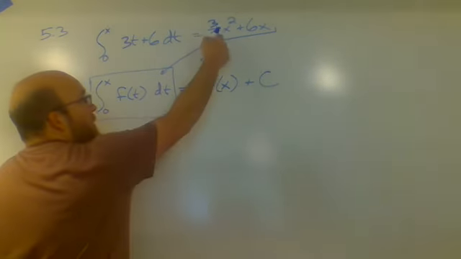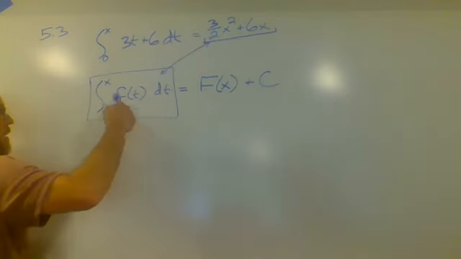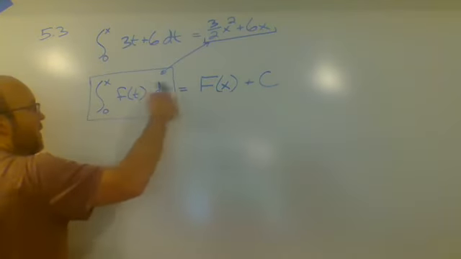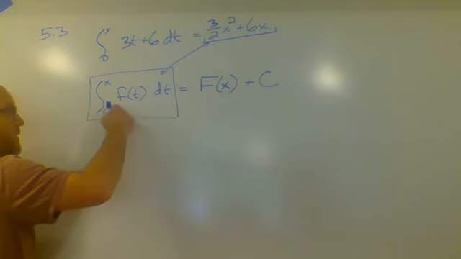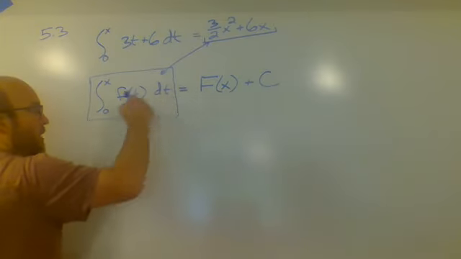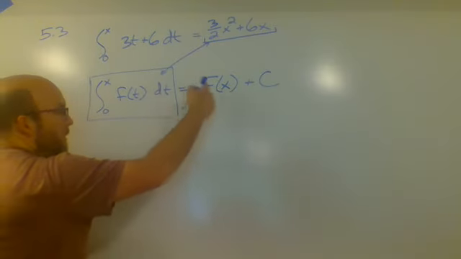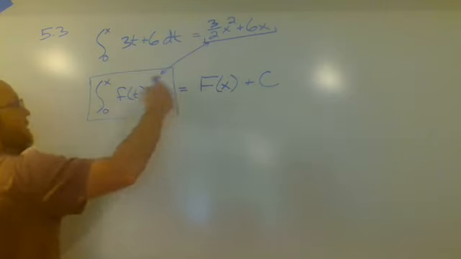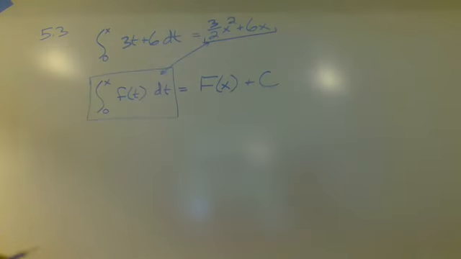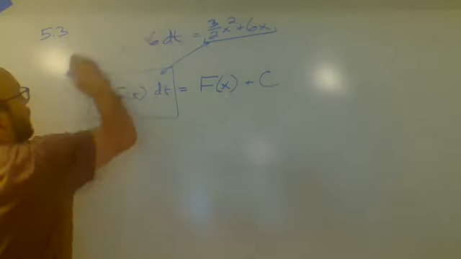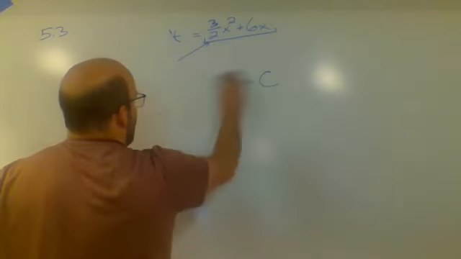If I take the derivative of the outcome of doing all of this, I should get that original function if this is true, right? That if this is the same thing as the antiderivative of the original function, then the derivative of the result here should be the same thing as the original function. Okay, so let's go ahead and check that.